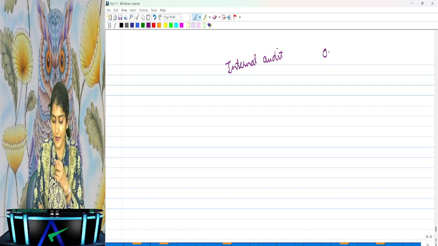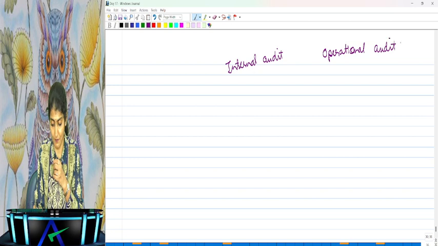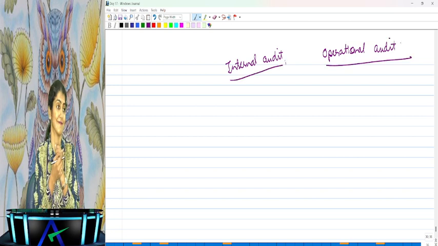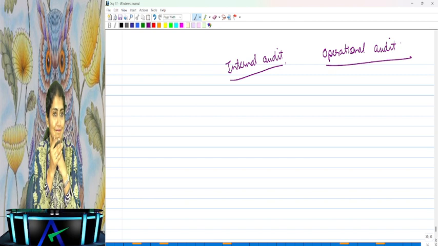And did you get some idea right now regarding operational audit? So now you tell me which is a broader term. Internal audit is a broader term than operational audit. This is what you think. Okay.